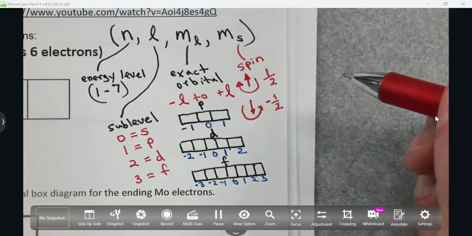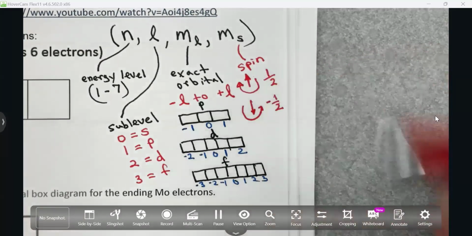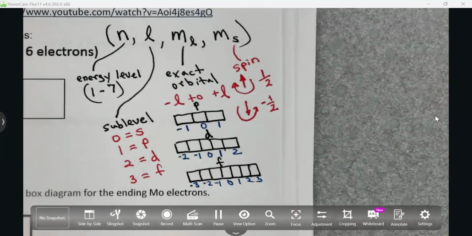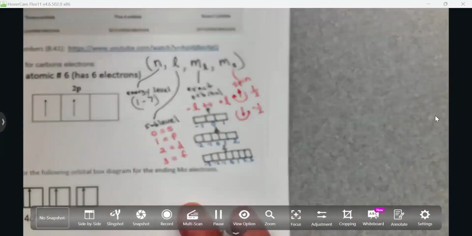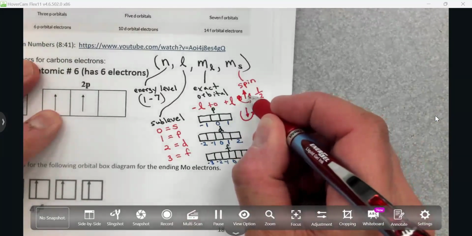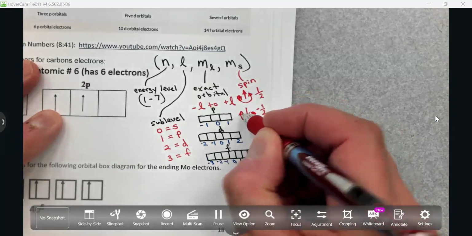Nope, I got those spins going the wrong way. That's 1/2 or -1/2. Okay, let's do that right here. I'm just going to slide this over. I guess I better straighten this out. I got my arrows wonky.